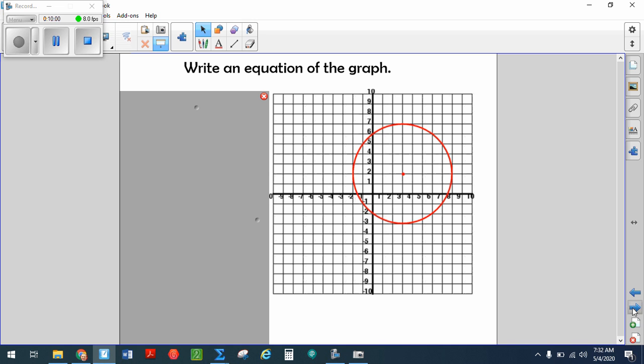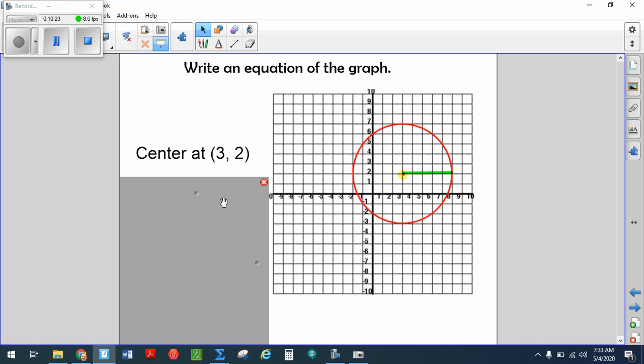Let's look at a couple examples of going backwards if I have the graph of the circle. First we identify where the center is. The center is right here at 3, 2, and the radius length looks like 5.